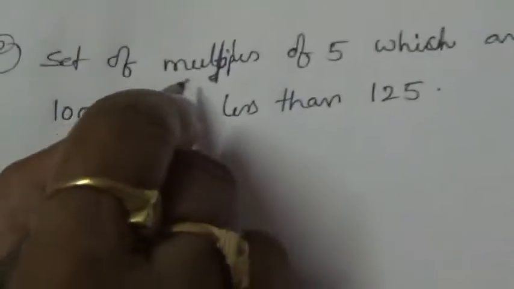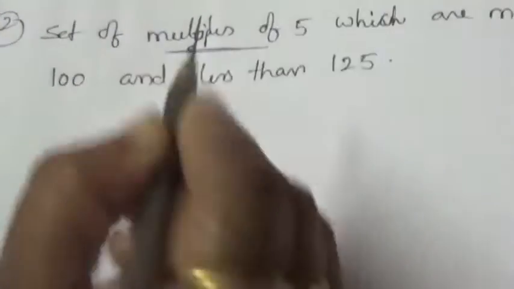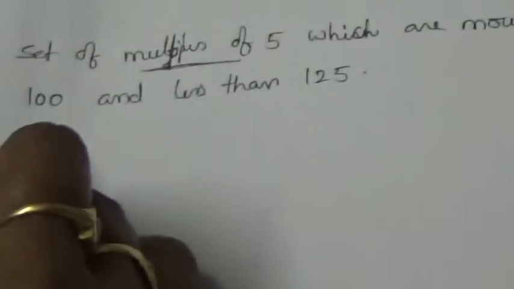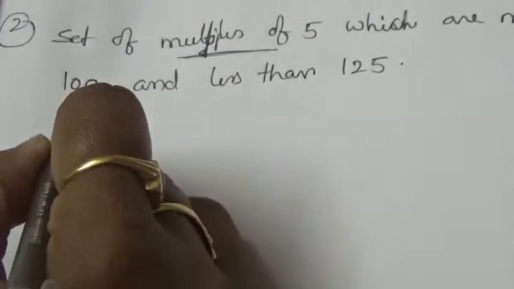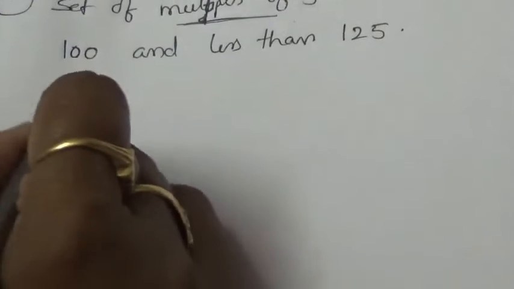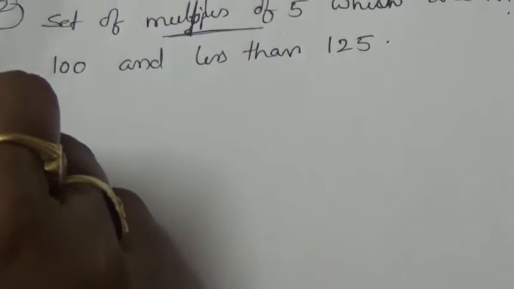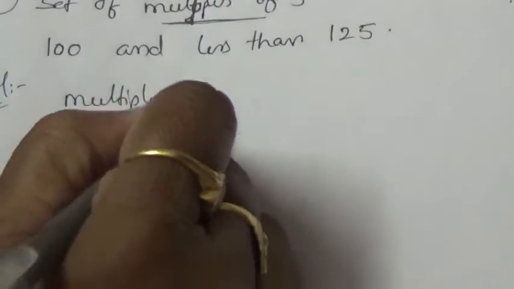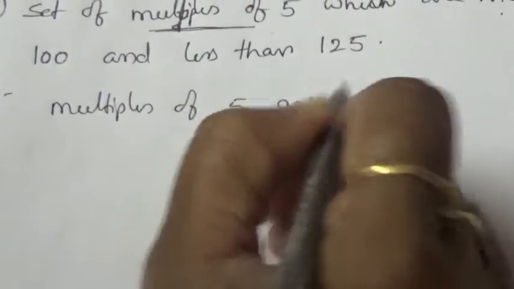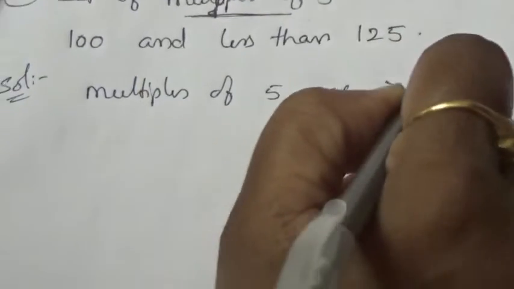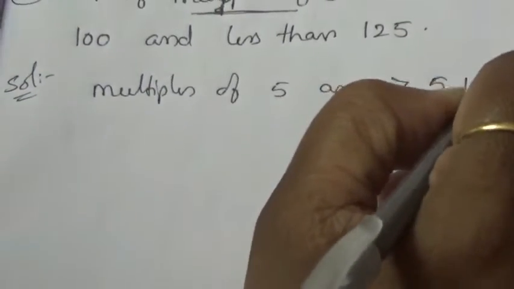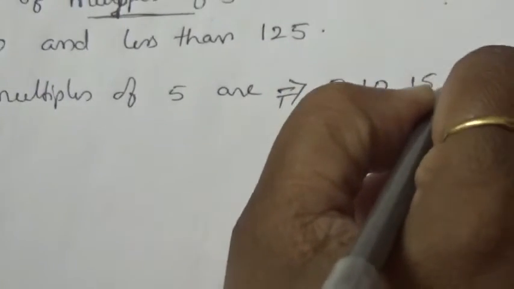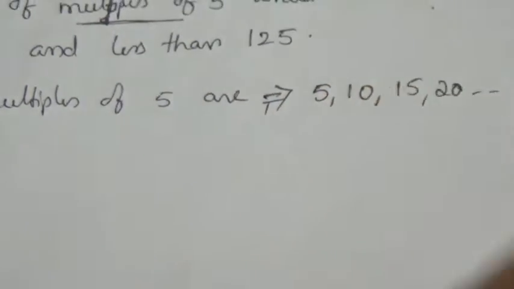Multiples of 5 that are more than 100, less than 125. So what are multiples of 5? Multiples of 5 are 5, 10, 15, 20 and so on, just like that.